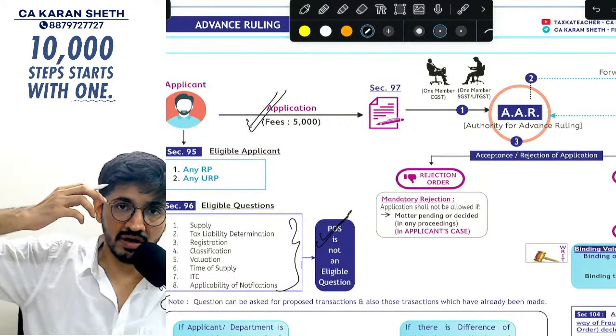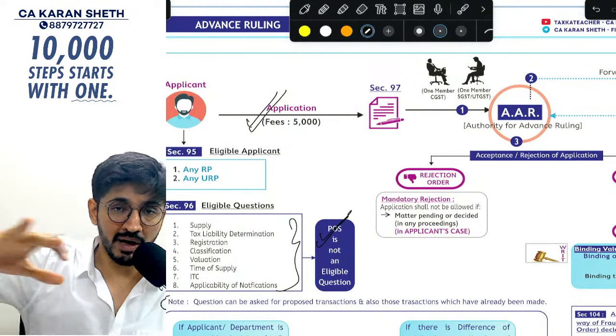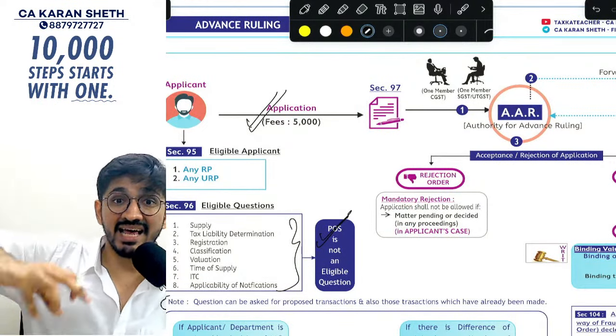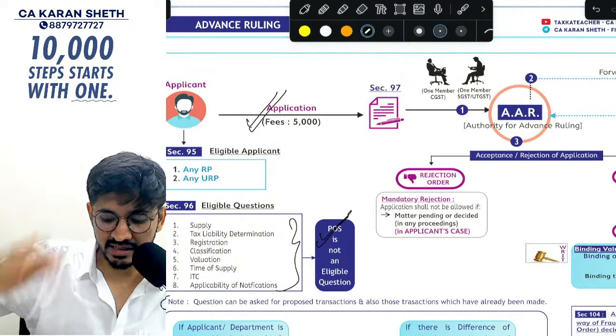That will give me a great clarity in starting my business, because now I know that with respect to the compliance part, I'm sorted, because it's the ARA, Advance Rulings Authority, that has actually given me the right decision.